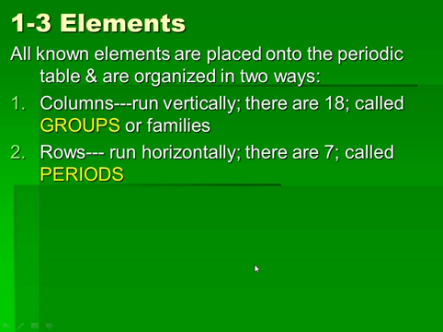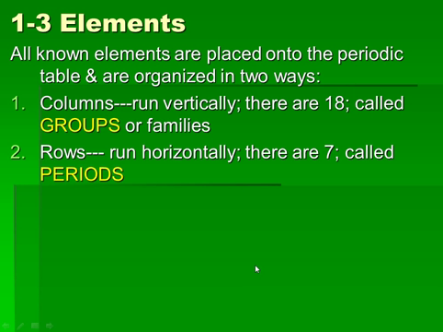The periodic table is arranged in order by atomic number. You guys should know that from 8th grade physical science, and they go in order by the number of protons that they have. So hydrogen has 1, helium has 2, and then you go to the next row. Because of some of their properties, they end up in columns, and everything in the same column acts the same way.